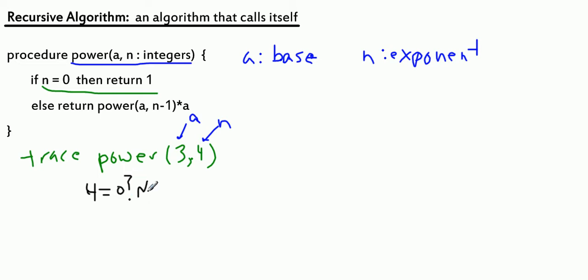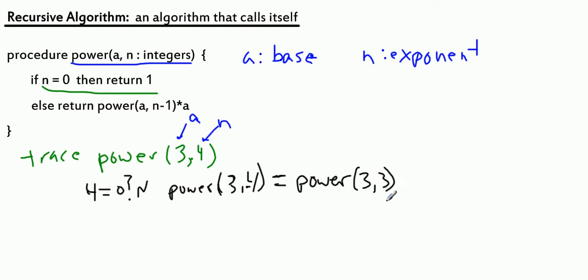So we're going to let power 3 comma 4 equal power of 3 comma 3 times the base 3.